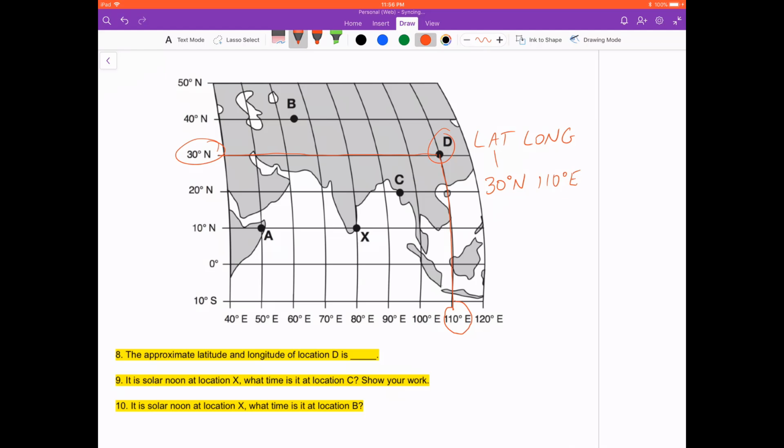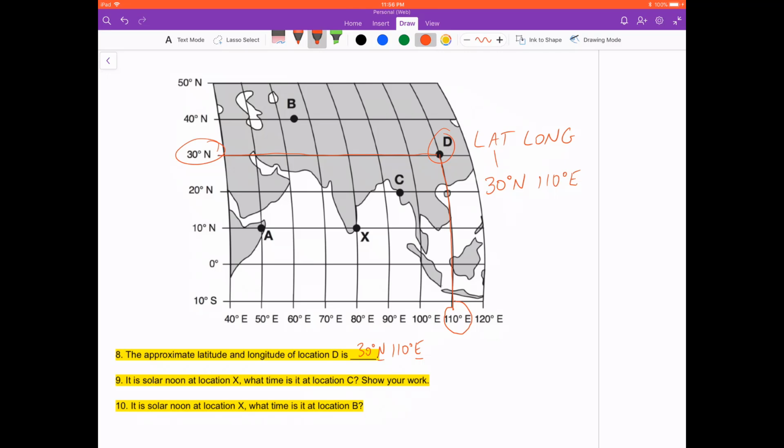Okay, so my location D is at 30 degrees north and 110 degrees east. Do not forget to include whether you're north, south, east or west. A lot of students just write the degrees with a comma in between them, and they don't put the compass direction.